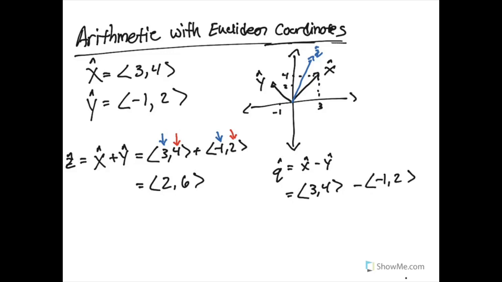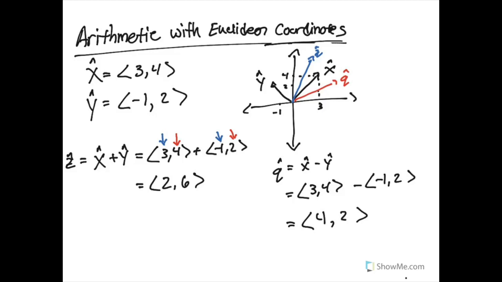And again, we've got a minus. We are subtracting a minus, so let's take care to remember where our signs go. This would end up being 4, 2 as the result there. 3 minus -1 is 4. 4 minus 2 is 2. And so our vector q would be somewhere out about here. So that would be our q vector right there.